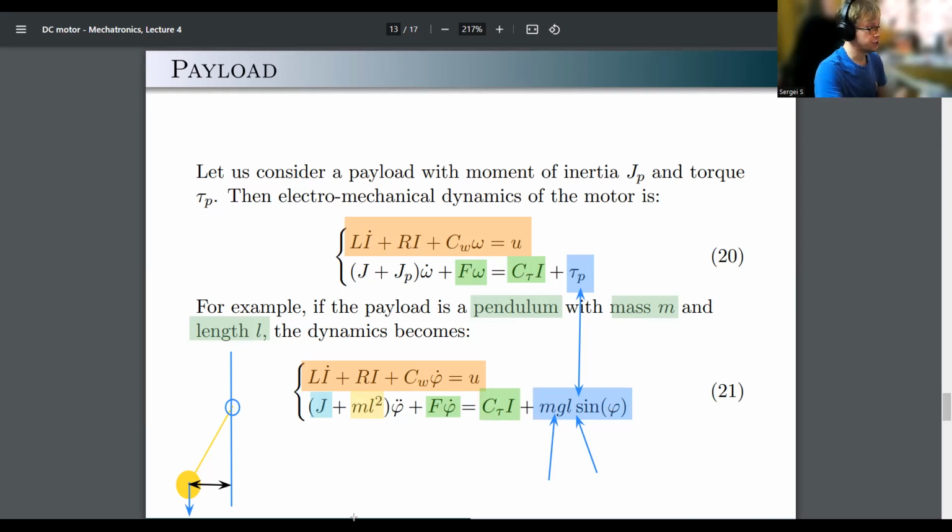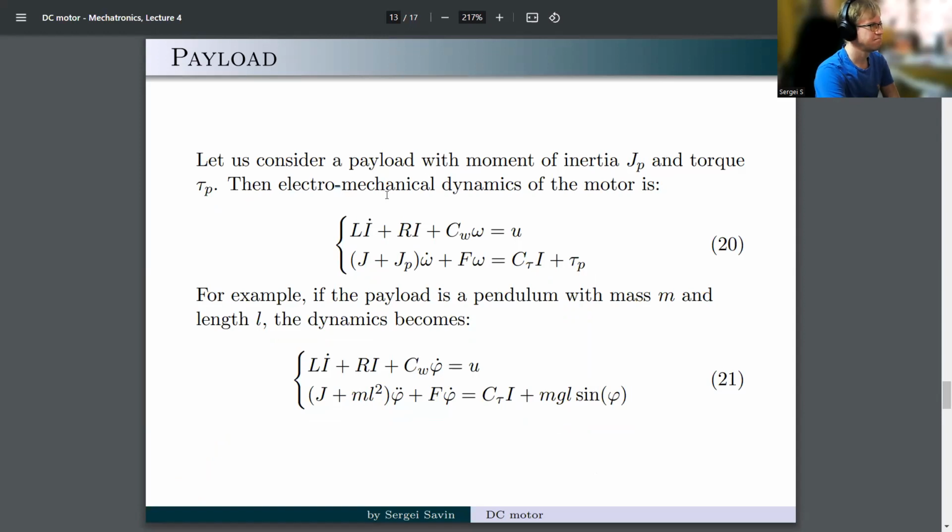So this changes inertia, and this changes torques. External forces, for example gravity, act on this system. So this is what happens with the payload.